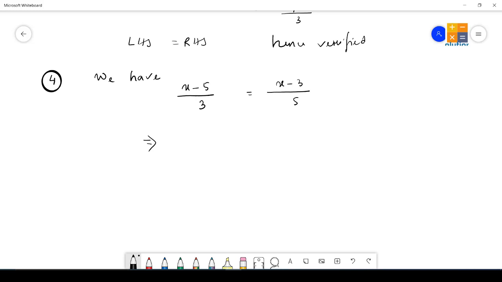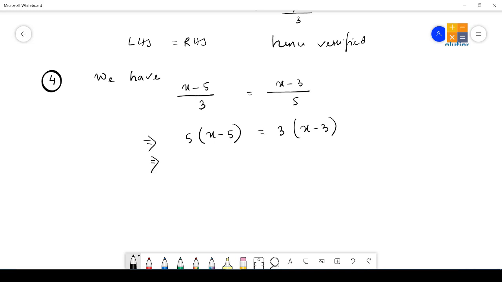So x minus 5 will be getting multiplied by this 5, while 3 will be getting multiplied to this quantity with equal sign in between. So 5 gets multiplied with this quantity x minus 5, that is equal to 3 gets multiplied with this quantity, again, 3 into x minus 3.